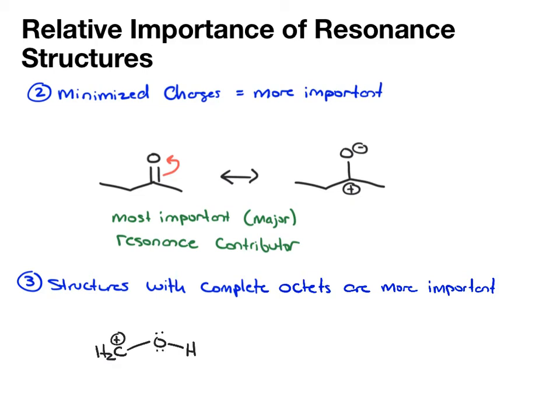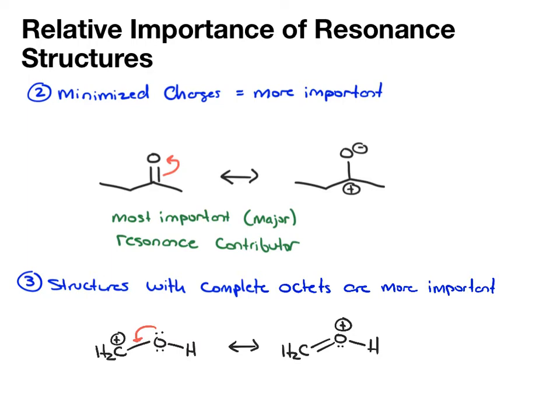Okay, here we have a lone pair next to a positive charge. We know we can draw a resonance structure where that lone pair comes down to form a pi bond. And we end up with the positive charge on the oxygen.